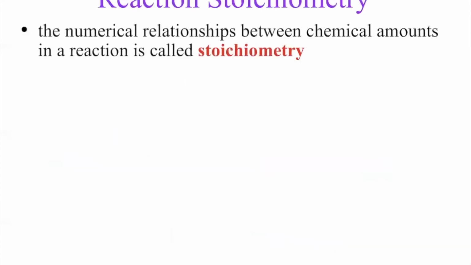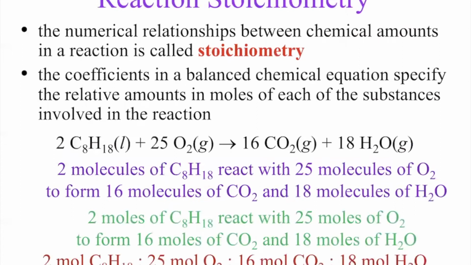Stoichiometry is pretty much a numerical relationship between your reactants and your products. We are going to balance equations. In order to balance them, we are going to be adding coefficients to the equation. That changes the amount of moles that we're going to have either in the reactants or the products.